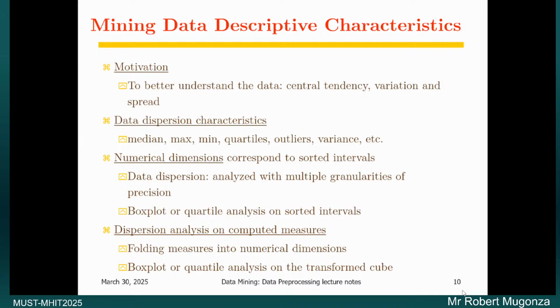We also use things that we call box plots, or what we talked about as quartiles. The box plot analysis will include the use of maximum, minimum and quartiles in order to understand exactly the data that is before us.